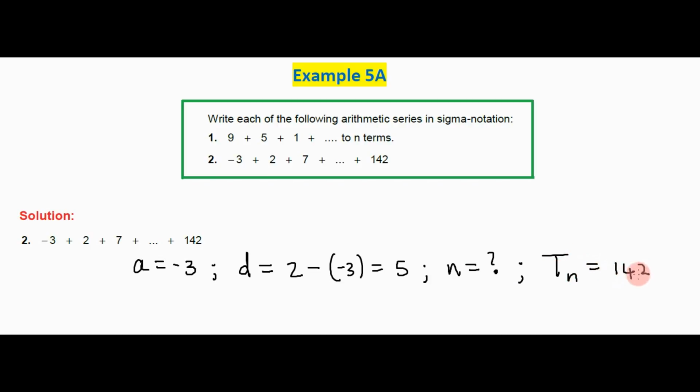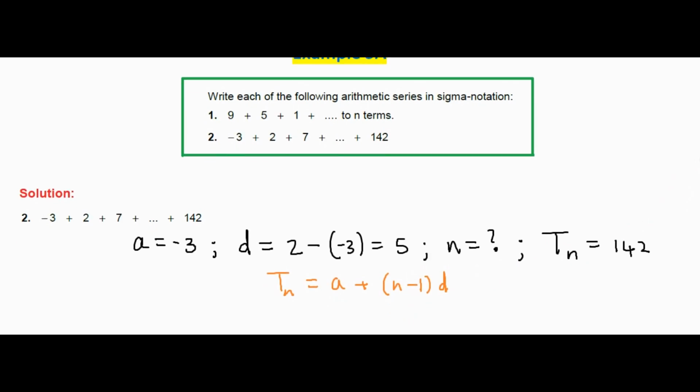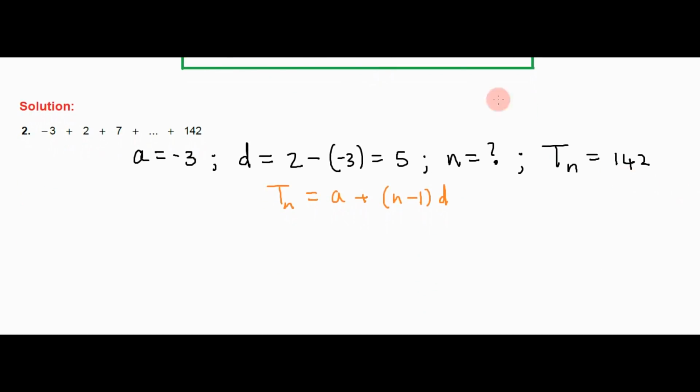It's 142. Now we first use the formula T sub n equals A plus n minus 1 times D to find n. So let's substitute in. So T sub n is 142. A is negative 3, and D is 5.